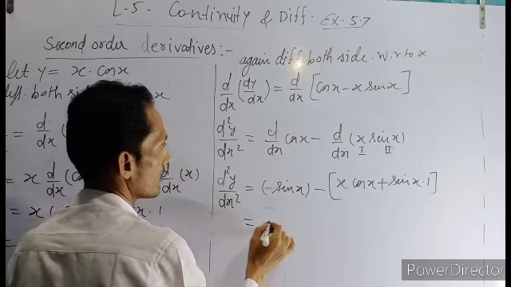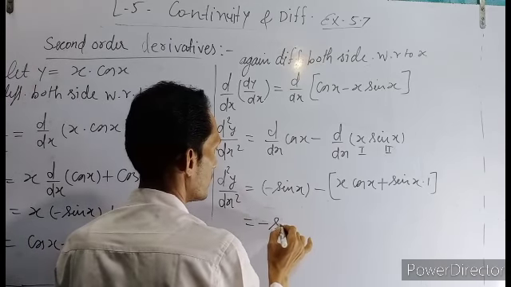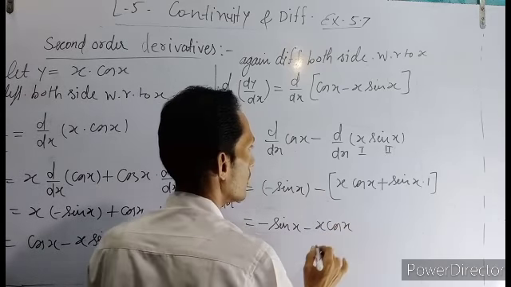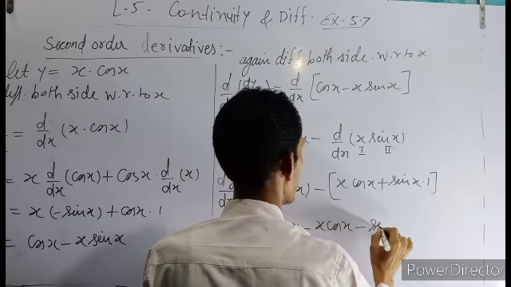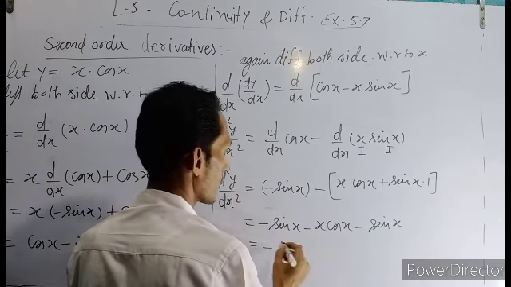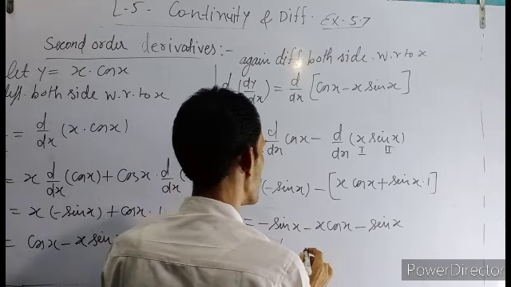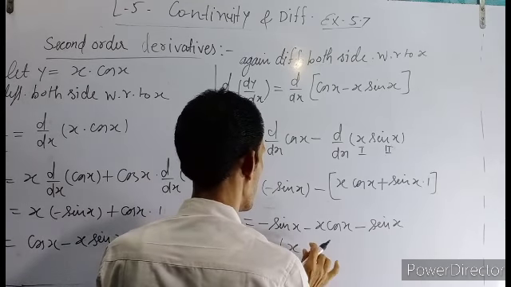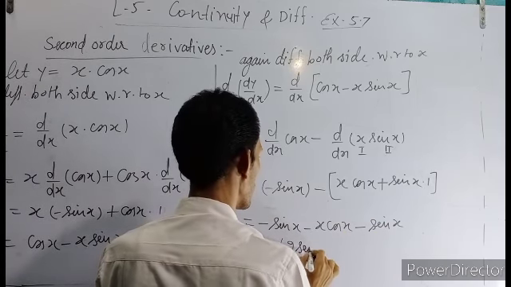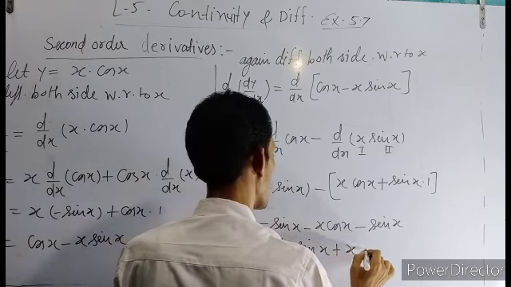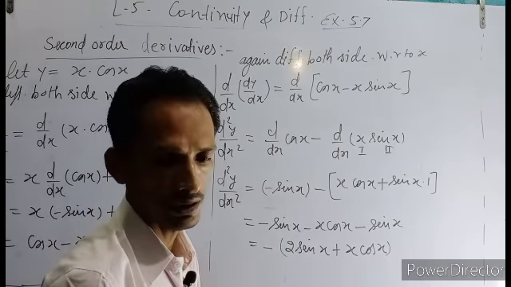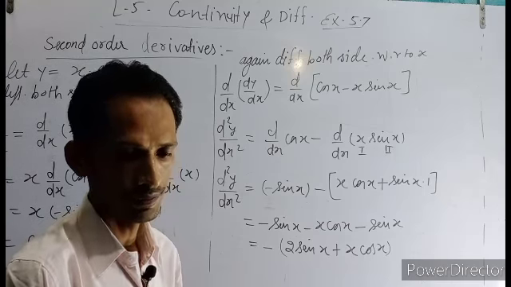Okay, in this way you can find: minus sin x minus x cos x minus sin x. So minus you can take common outside, you get 2 sin x plus x cos x. Okay, in this way we can find out the second order derivative.